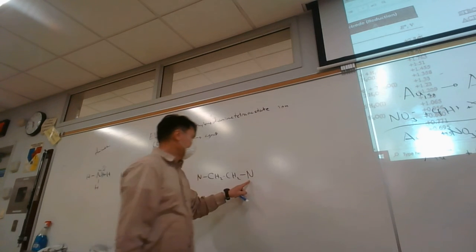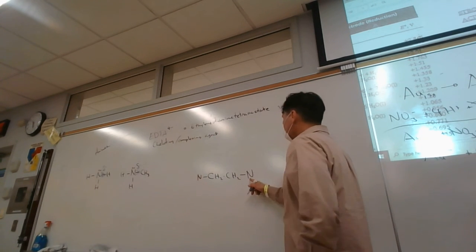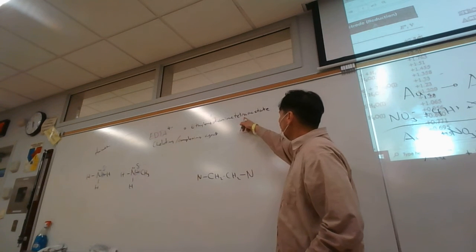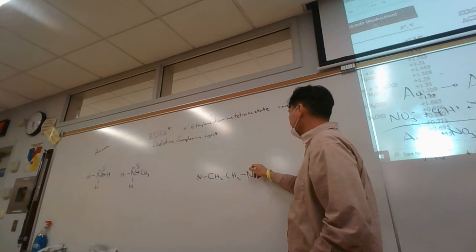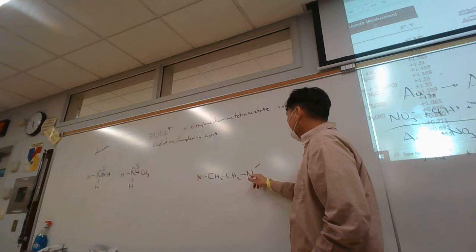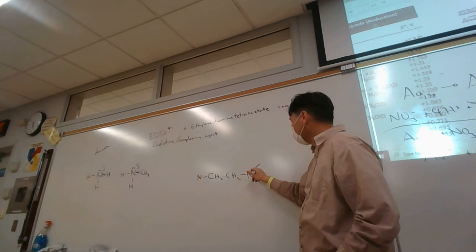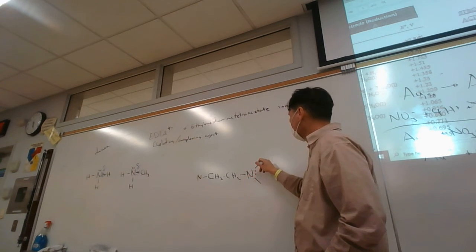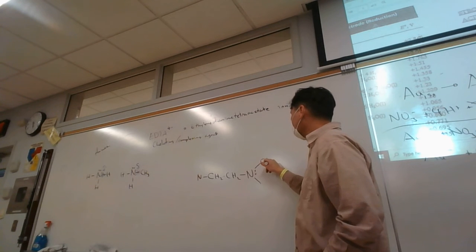Now, there's going to be no hydrogens bonded to the nitrogen here because what we're going to do is bond 4 acetates to this. And so here, nitrogen is going to have 3 bonds, and then we're going to have a lone pair like this, and we'll put in an acetate here.